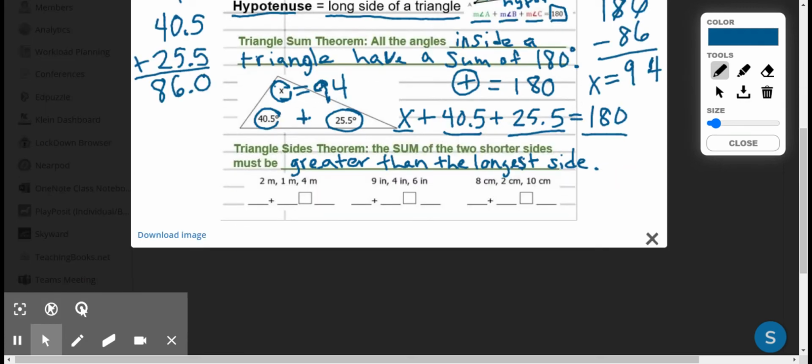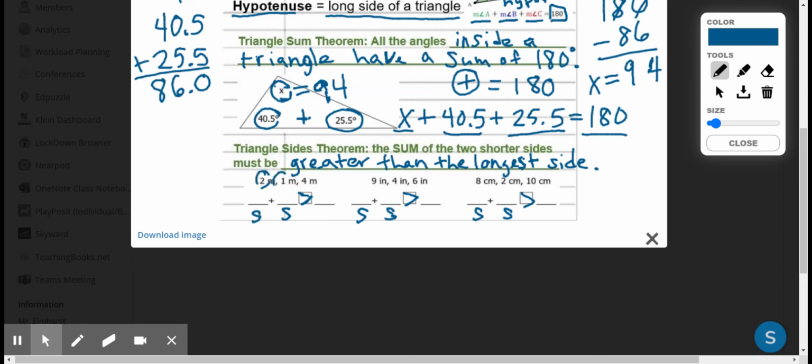So the last thing that we need to understand about triangles is the side theorem. The sum of the two shorter sides must be greater than the longest side. So we use our greater than symbol, and we find the two shorter sides.